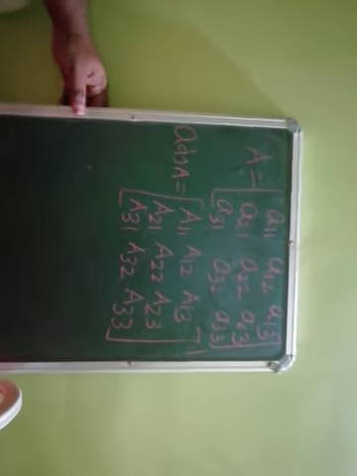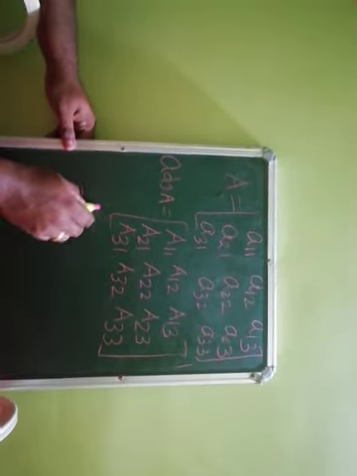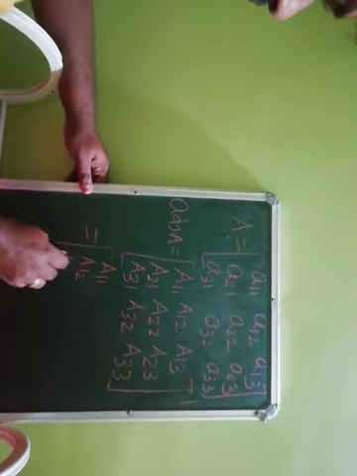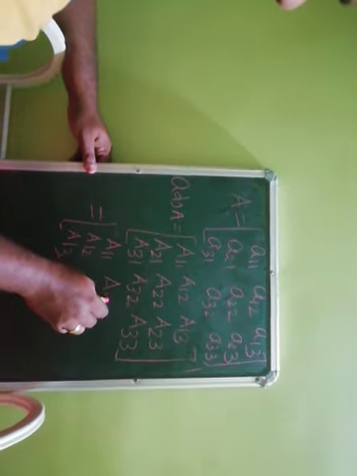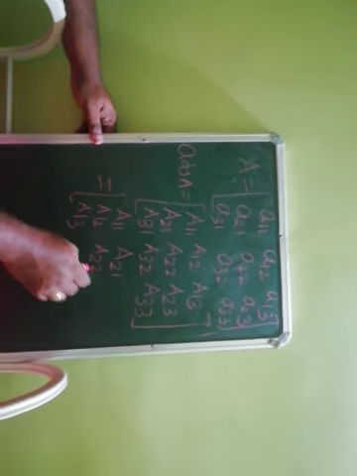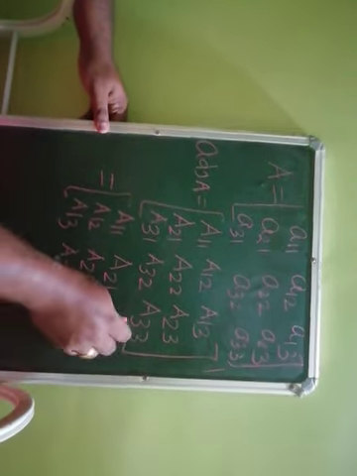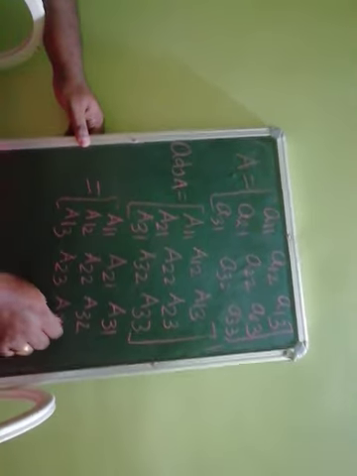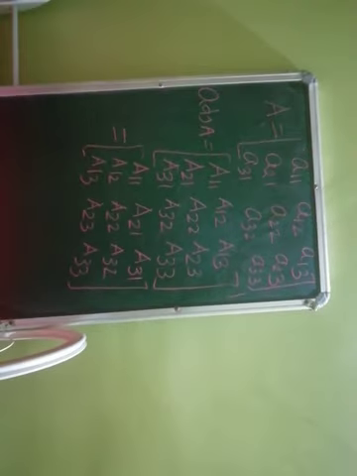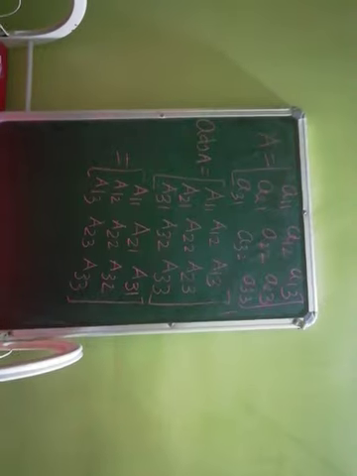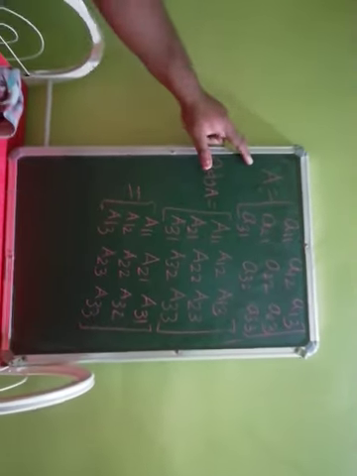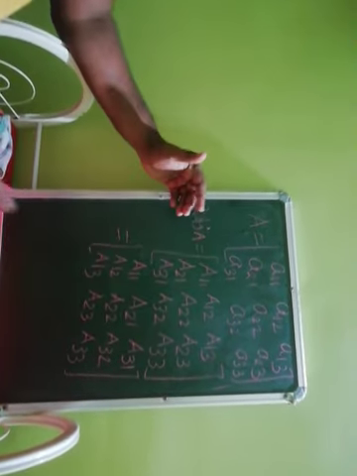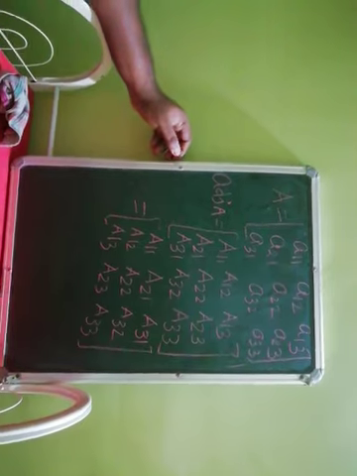And that is obviously A11, A12, A13, then A21, A22, A23, A31, A32, A33. Now my question was to find the product of A multiplied by adjoint of A, or adjoint of A multiplied by A, because here both are possible.